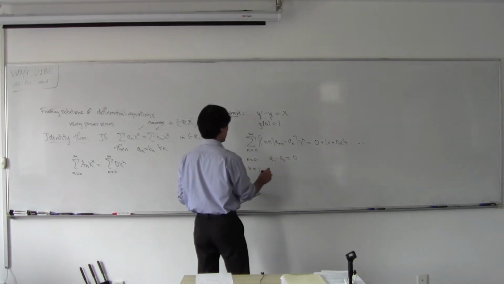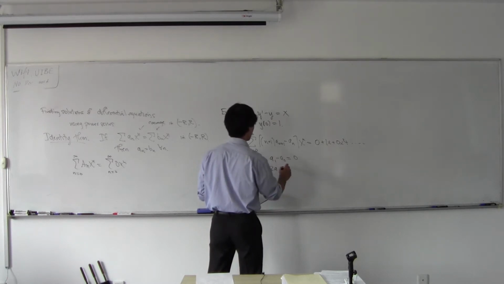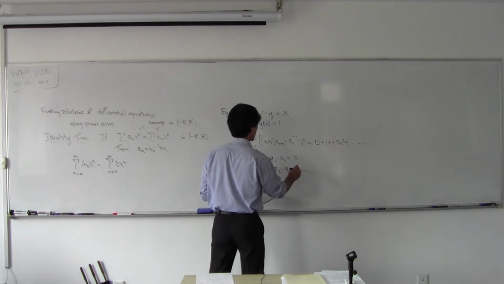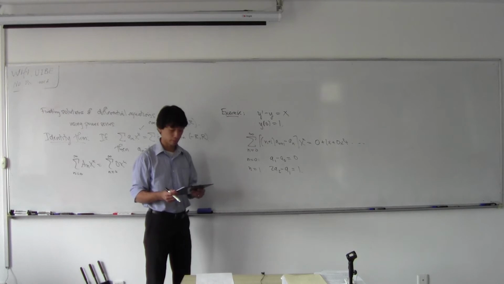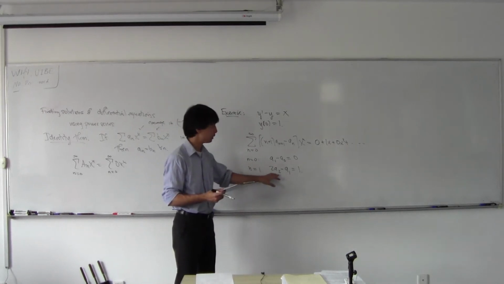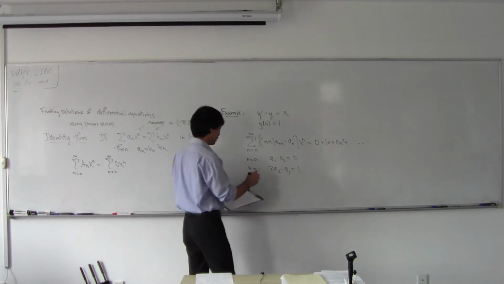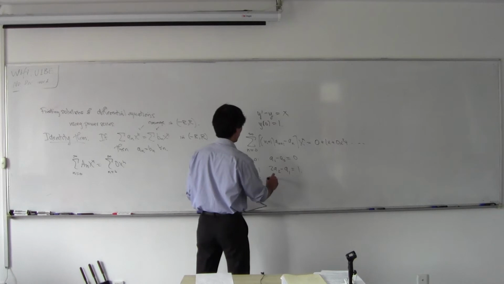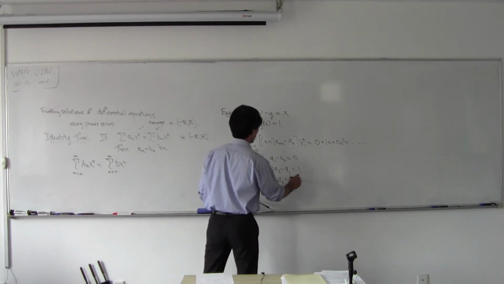When n equals 1, we get 2a2 minus a1 is equal to 1. When n equals 2, we get 3a3 minus a2 is equal to 0.